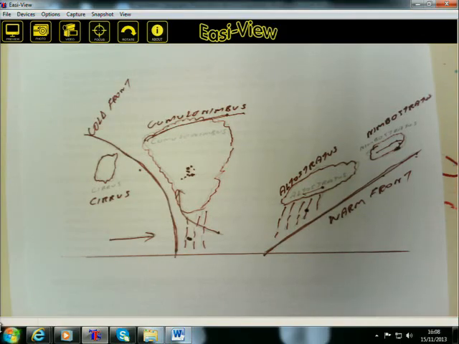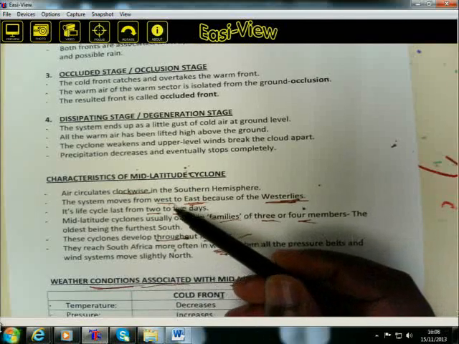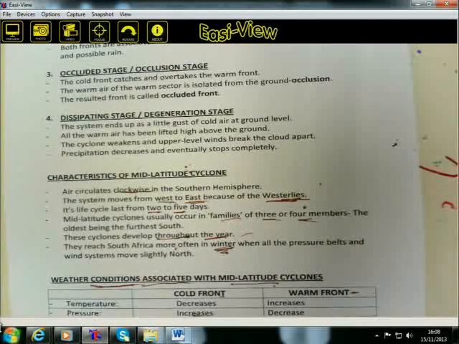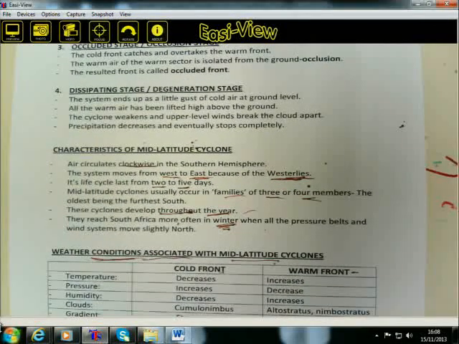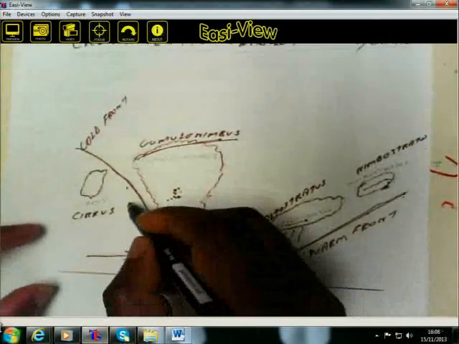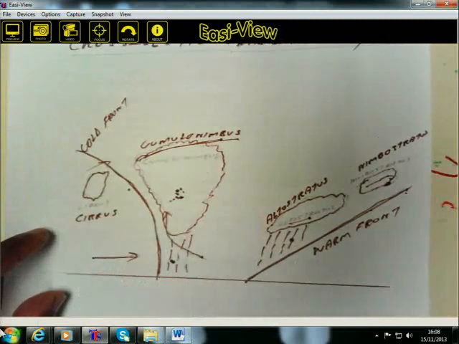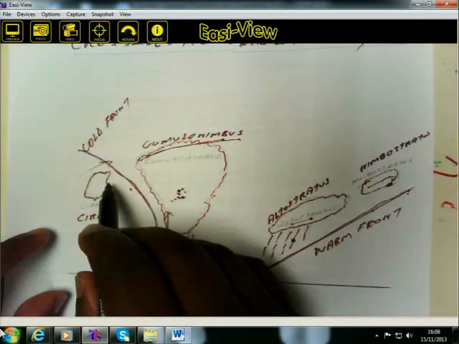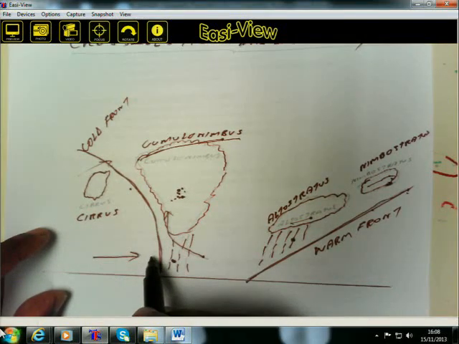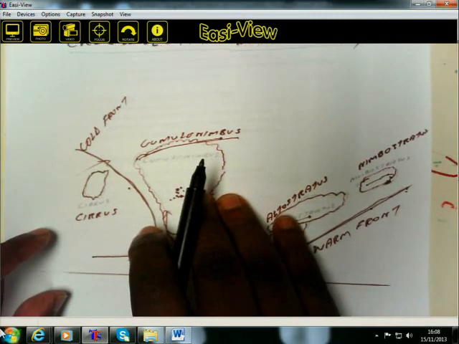Now let us look into the weather conditions associated with the mid-latitude cyclone. What about the temperature? The cold air is approaching, moving from west to east. Because the cold air is approaching the warm surface, where do we have the warm air?